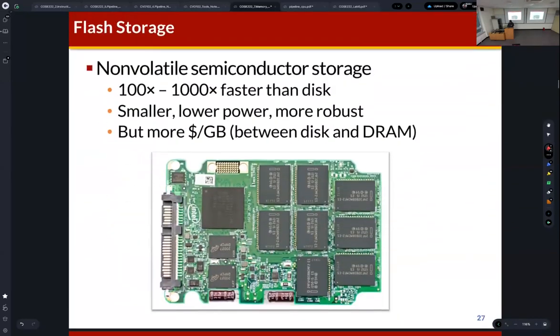Another type of memory is the flash memory. Flash memory is a non-volatile memory. So what is volatile and what is non-volatile?